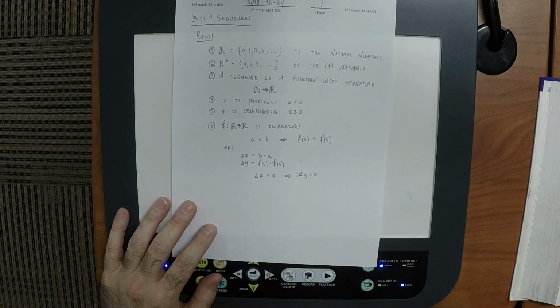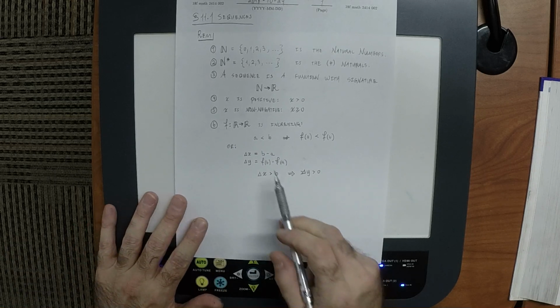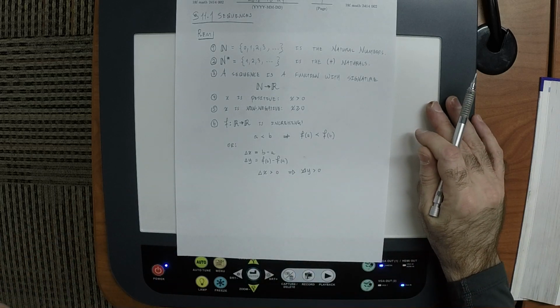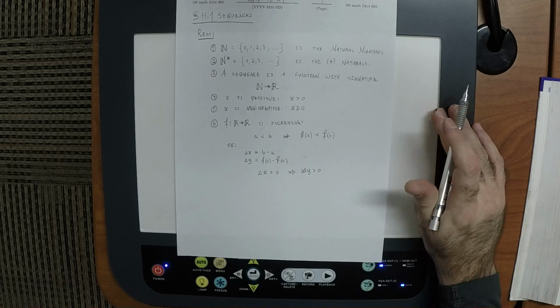Right implies up. So decreasing is similar, except that now instead of right implies up, what is it? Right implies down. You're always going to the right. So increasing is right means up. Decreasing is right means down.